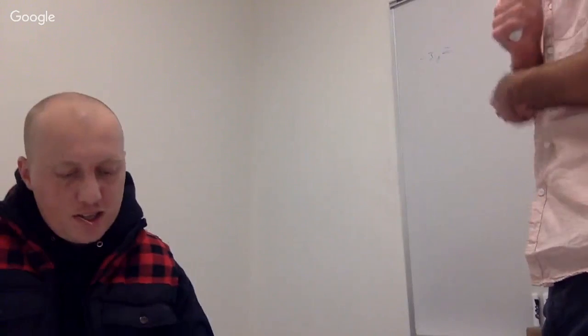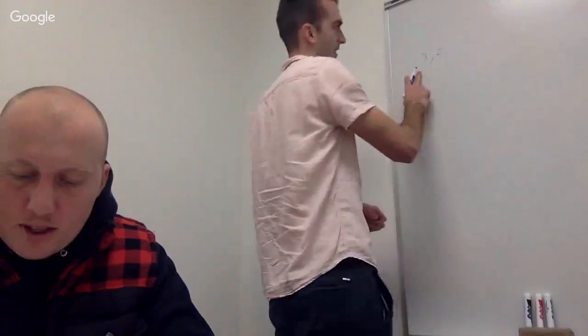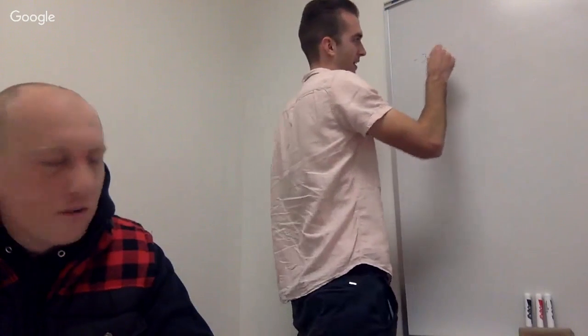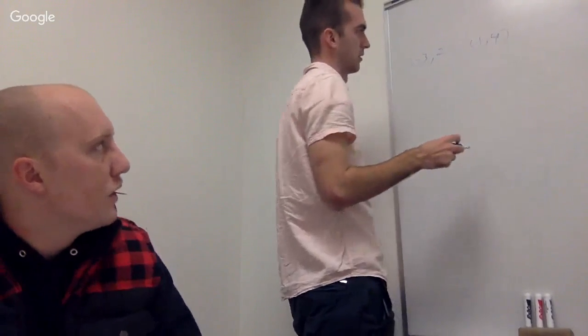The only one he gives us like that is, I think, between U and V. So one is -3, 2, and the other vector is 1, 4. Yep, find the angle between those two.